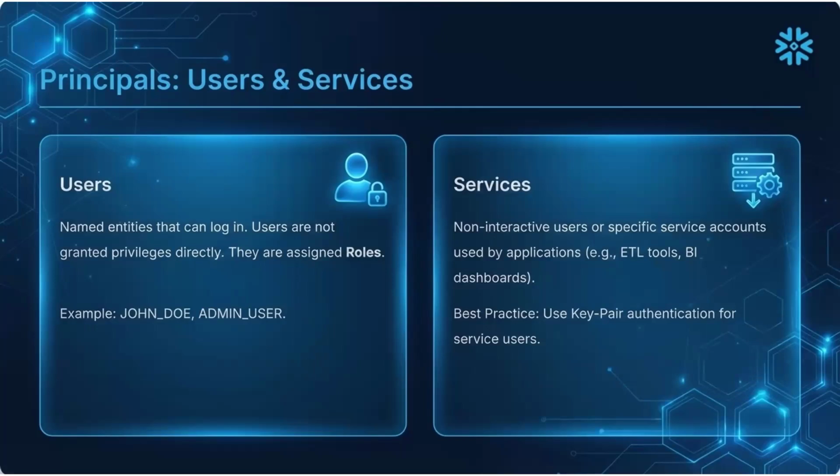We cannot directly grant roles to the users, but you can assign a default role, and you need to run a grant command to grant the privileges. Without granting the privilege, the user will not get the respective access. Even if I want to assign a particular role to the user, I need to use a grant command. And if you want to remove that, you need to use revoke.